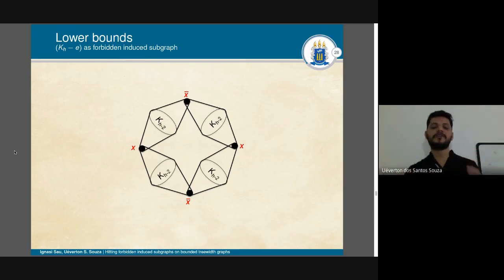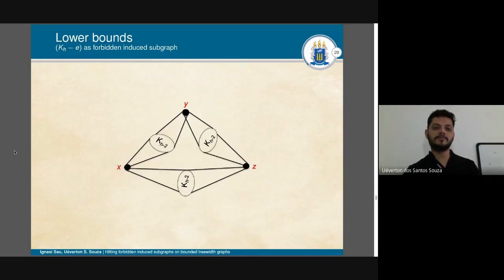In this kind of gadget, we know that any optimal solution must remove 2 vertices of the bag, and they must be 2 vertices of the same type, corresponding to positive or negative literals.